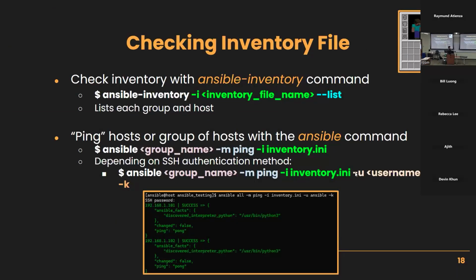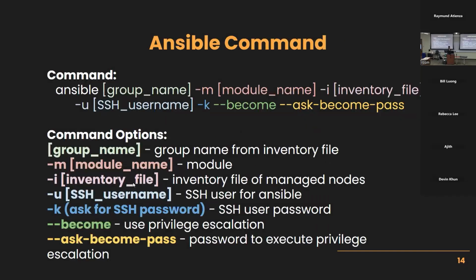After that you have the -u, which is the SSH username, and then -k. You need to specify an SSH user in order to log into those remote servers. You have to give it a username.